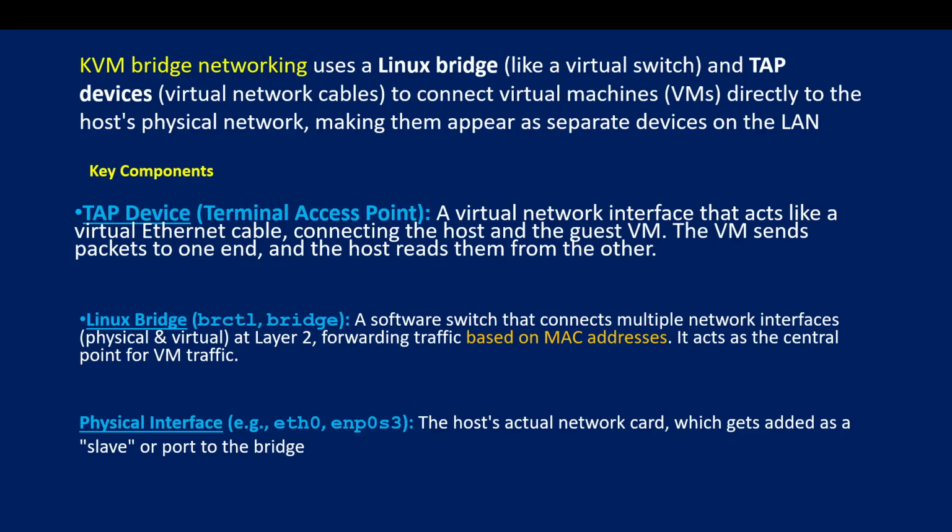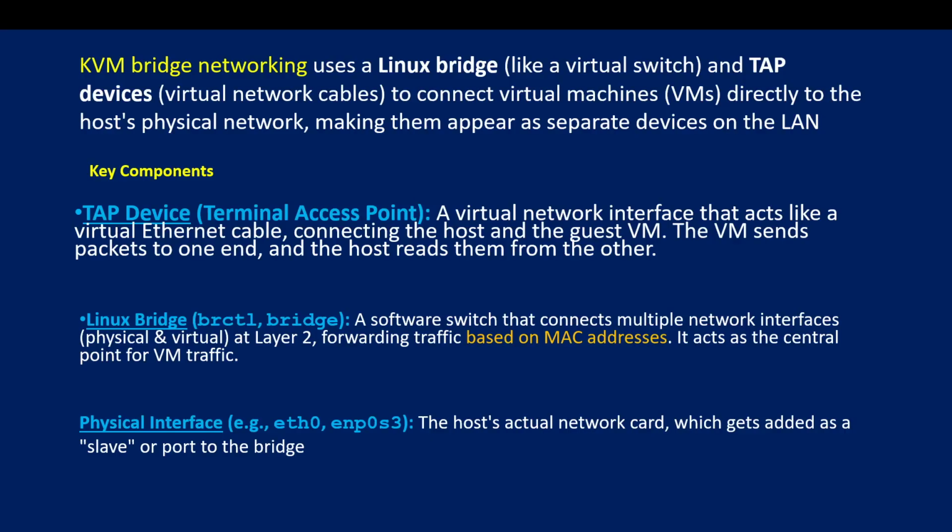The second thing is what are the different components used to create this Linux bridge, that is the KVM bridge networking. The first thing is the tap device, that is the terminal access point. So what is the tap device? It is basically a virtual network interface, not a physical interface.